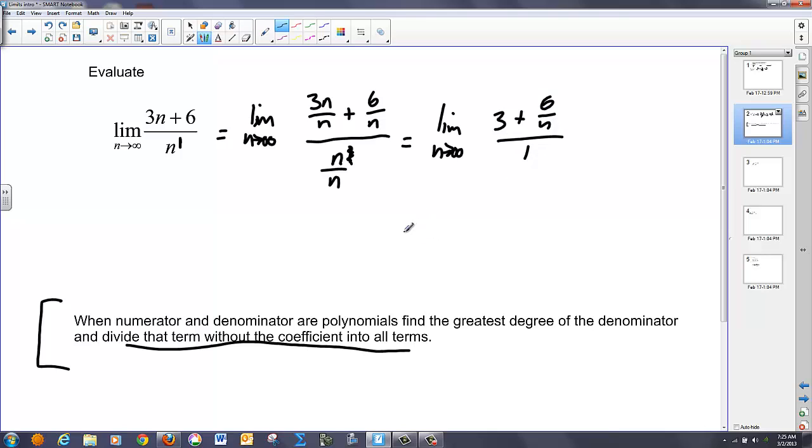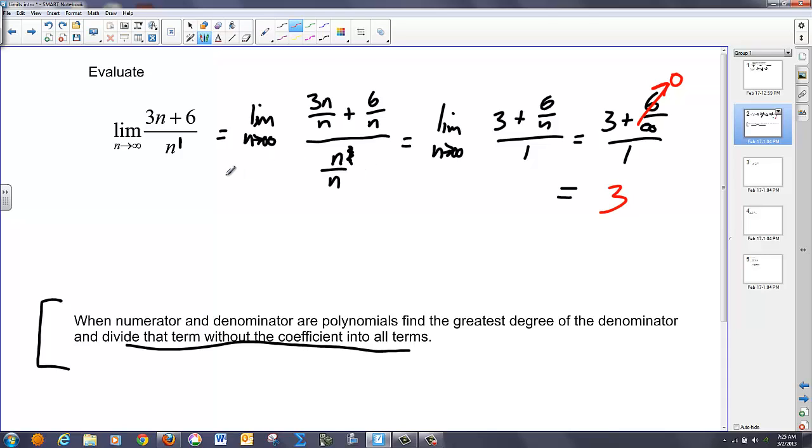And now what I'll do is I'll take and plug infinity into any remaining n value. In this case, I have 3 plus 6 over infinity over 1. 6 over infinity is basically going to go to 0. So as my answer, I'll have 3.